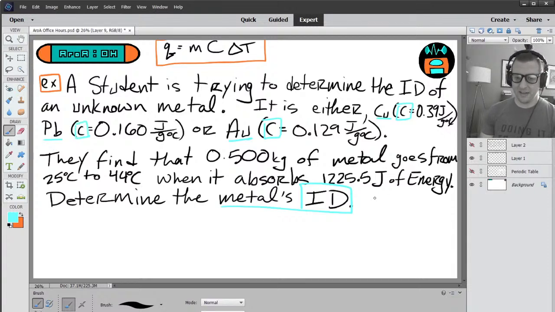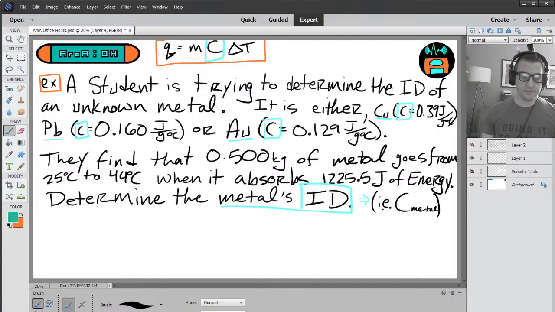So in other words, we need to find the specific heat capacity of the metal. Specific heat capacity is in this equation. If we know our change in temperature, the amount of energy absorbed, and the mass of the metal, we can use this equation to solve for specific heat capacity.